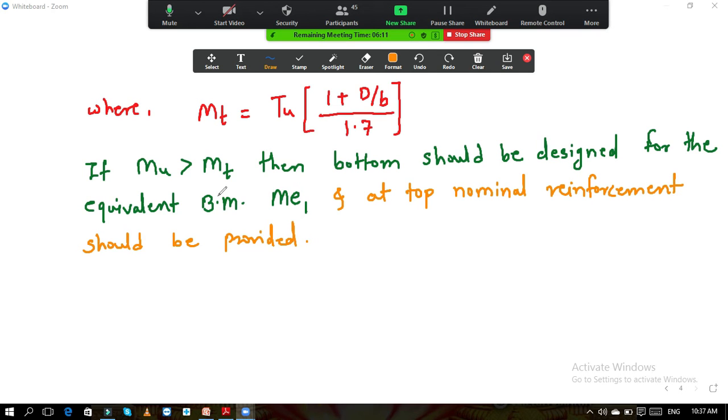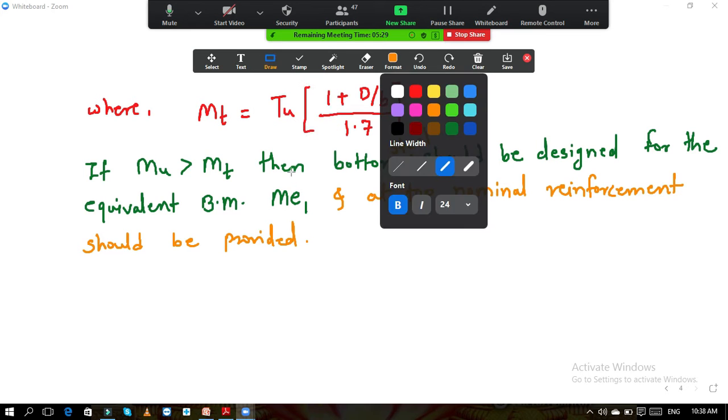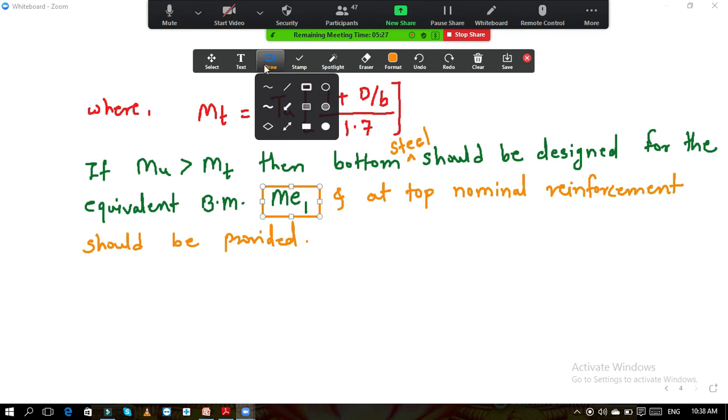Okay, if your MU is greater than MT, then the bottom steel should be designed for the equivalent bending moment, and that equivalent bending moment is nothing but ME1.